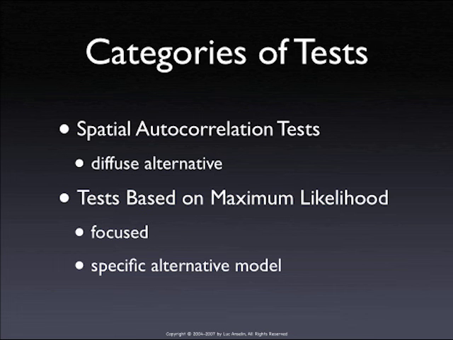So there's a very specific alternative. And then, of course, as long as that specific alternative is really the one causing the misspecification, you're doing great. You get in trouble when you think it is a spatial lag model, but in fact it is a spatial error model that is causing the misspecification.